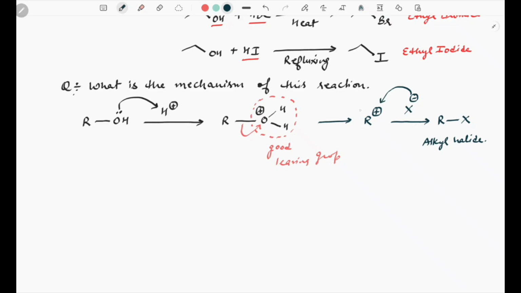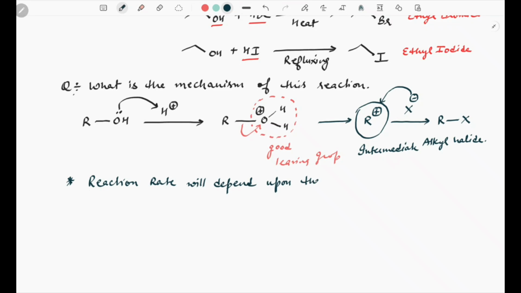Since carbocation is formed as an intermediate, the reaction rate will depend upon the stability of carbocation.